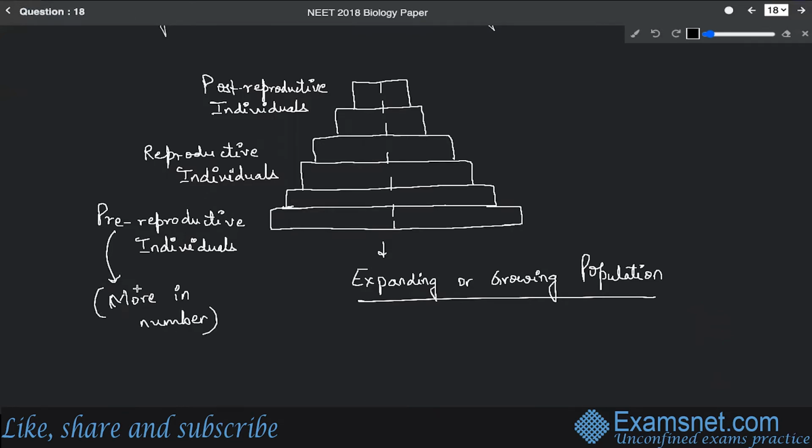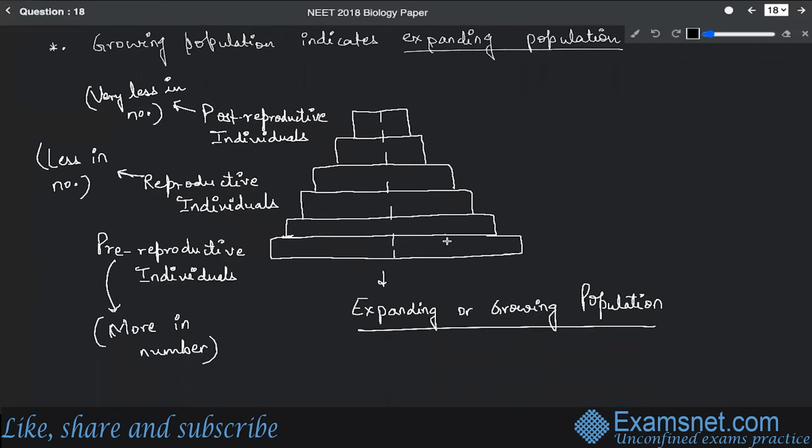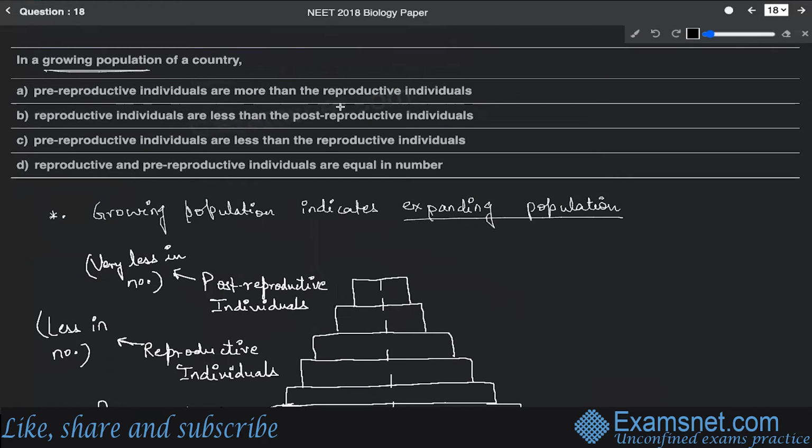Then reproductive individuals are less in number. And post-reproductive individuals are very less in number, you can say. This is the case. All right, so let us take a look into the options.